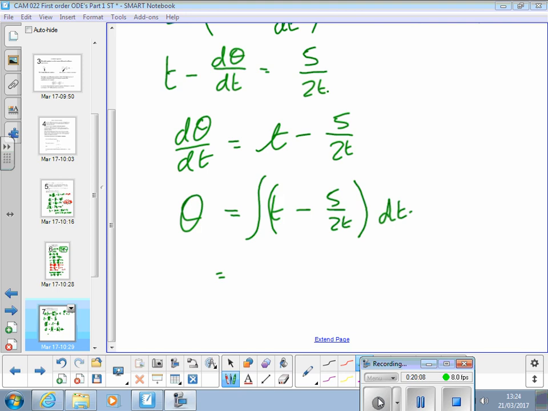Integral of t is t squared, well, would indeed be t squared over 2. Add 1 to the index, which is 1 in this case, and divide by the new index. And 5 over 2t.